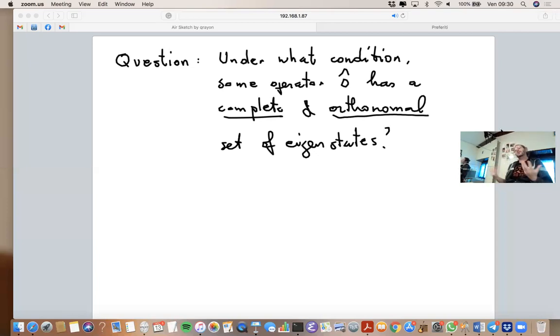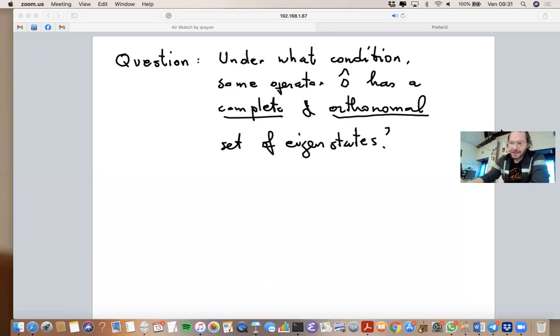Now, when you address this problem with matrices in real vector space, a theorem tells you that if you have a symmetric matrix, not an orthogonal, a symmetric matrix, then you have a complete set of states and the eigenvalues are real.